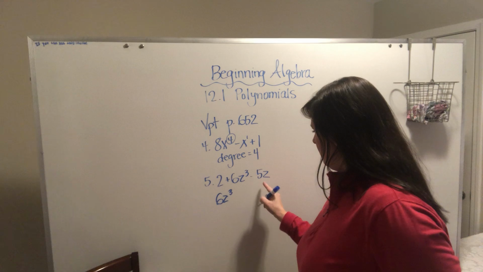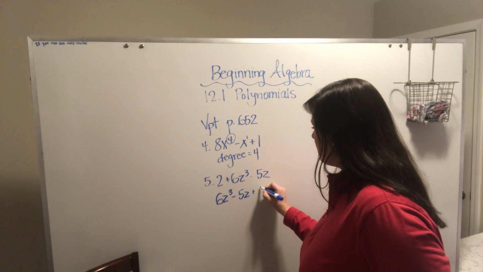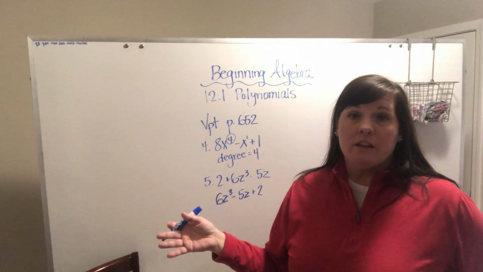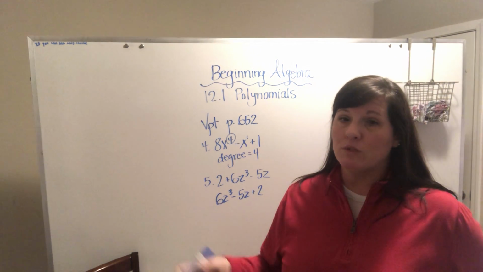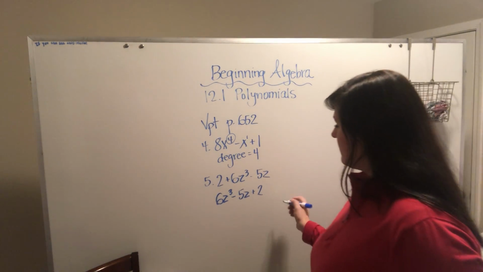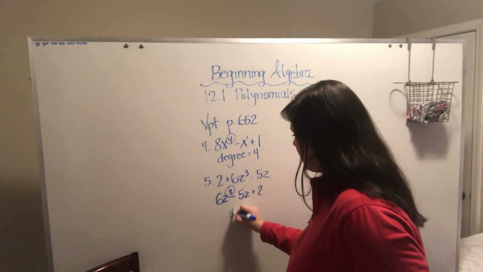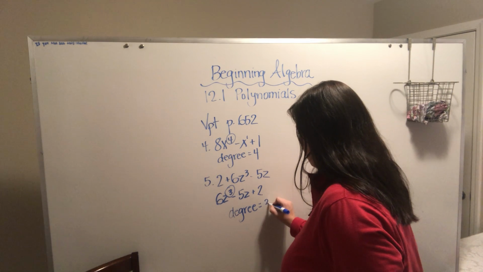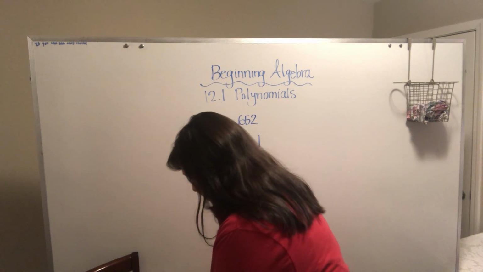So that goes first. And then we would write minus 5z, and then we will write plus 2. Probably you're thinking, oh yeah, our equations always look like that when we solve them and do other things. Yes, they write them in descending value, greatest to least. So in this case, what's the highest degree? What were they asking for? The degree of this polynomial is 3. You're just looking at the highest exponential value.